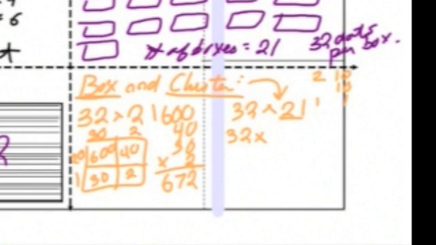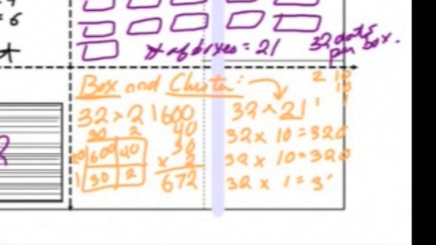So 32 times 10, and then another 32 times 10, and then 32 times 1. So once I have those numbers, I say 32 times 10 equals 320. Same problem, same solution. 32 times 1 equals 32.